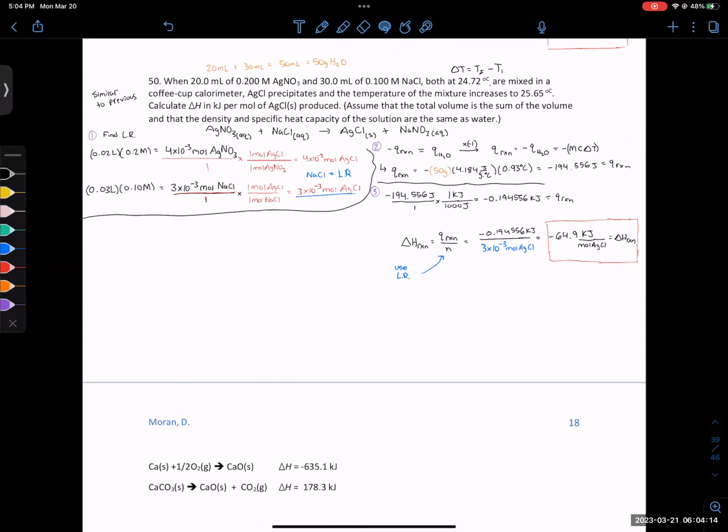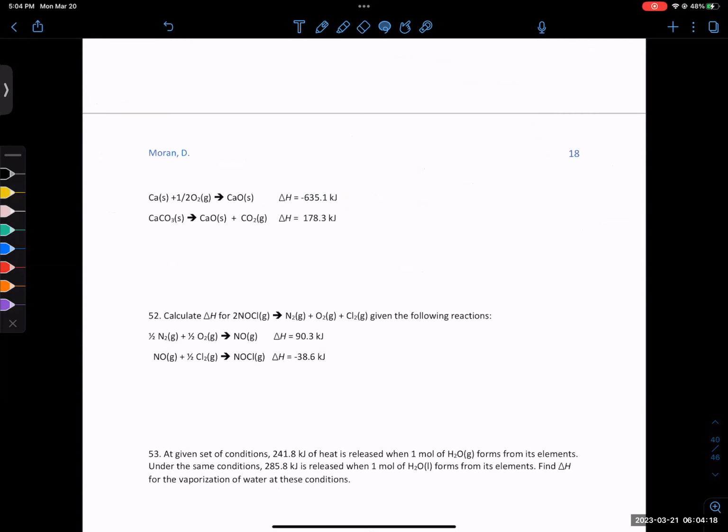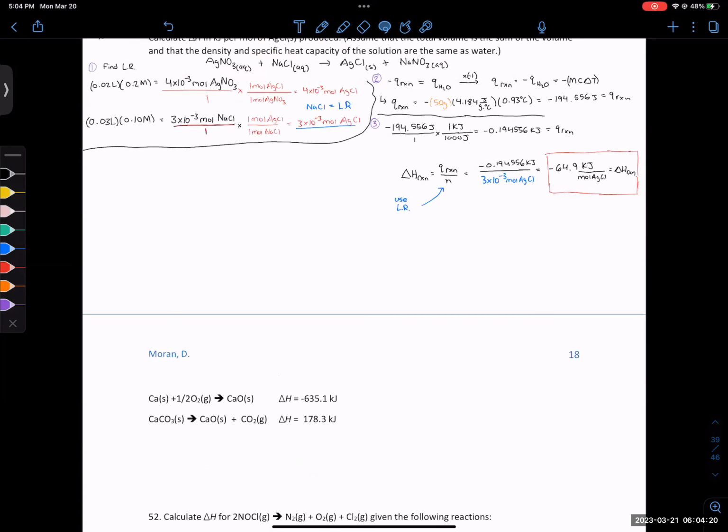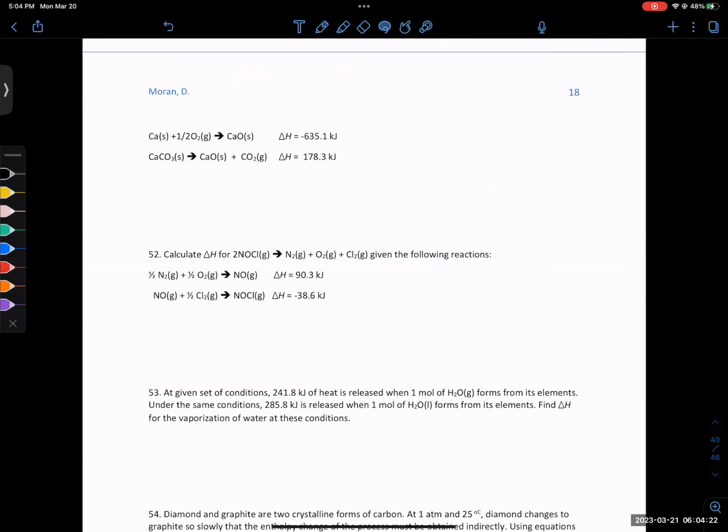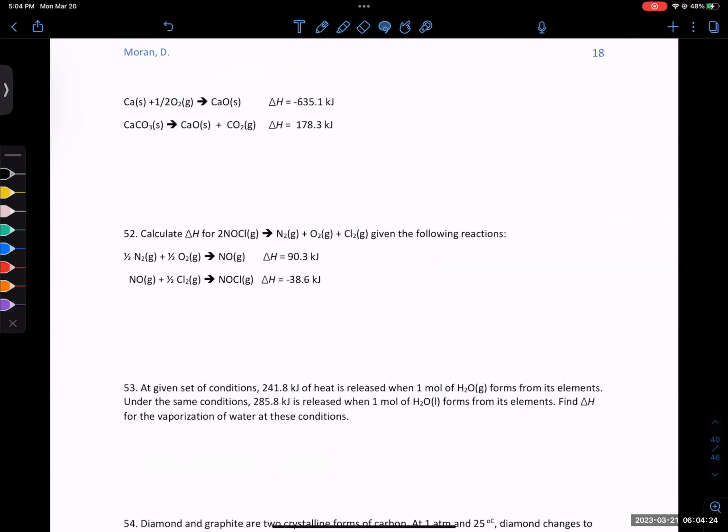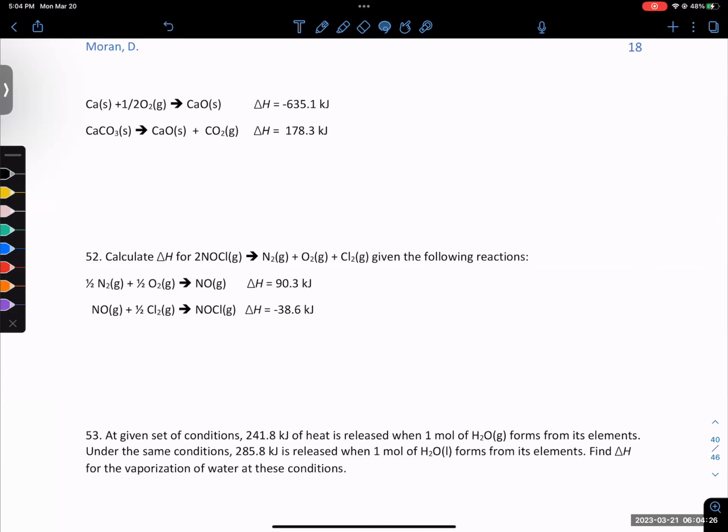Same thing with number 50. So right now we're going to do number 52. I'll give you all 3 minutes to work on number 52. This is a hint: this is using Hess's law. Y'all know what Hess's law is?